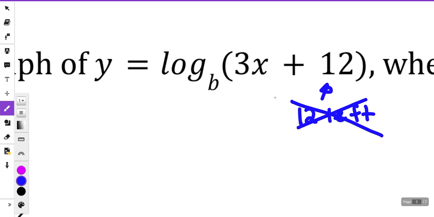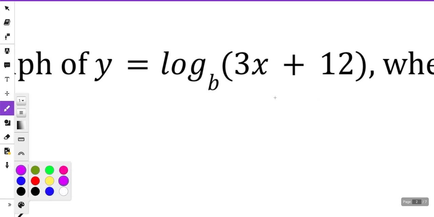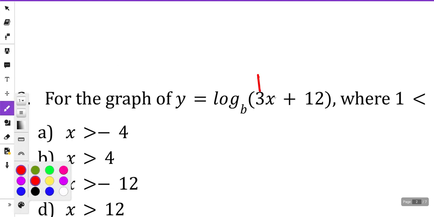So looking at this, to properly get your transformations, I need to GCF that 3 off of the x variable. Then I can actually see what my transformation is.